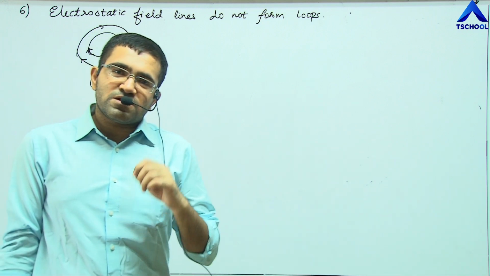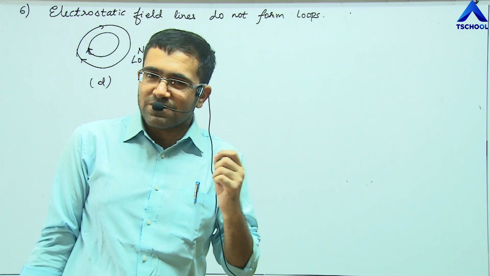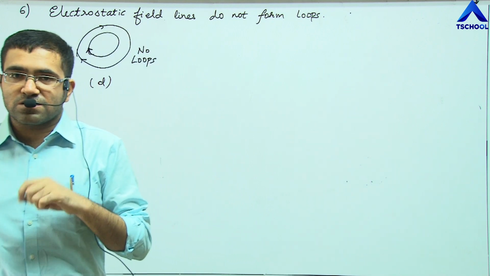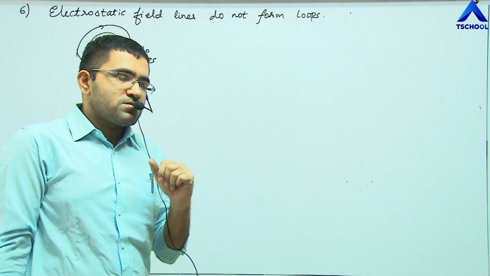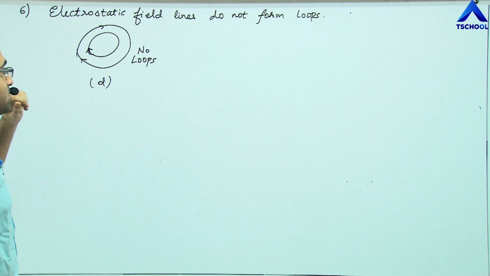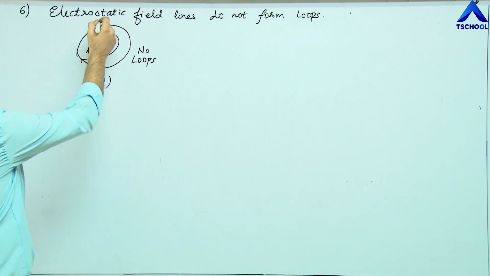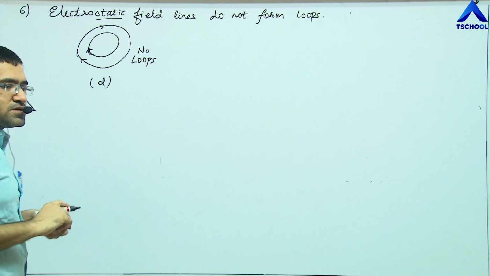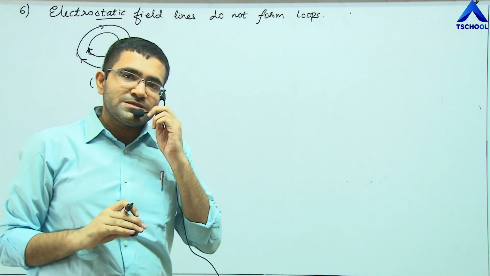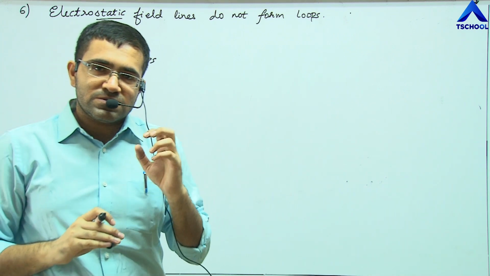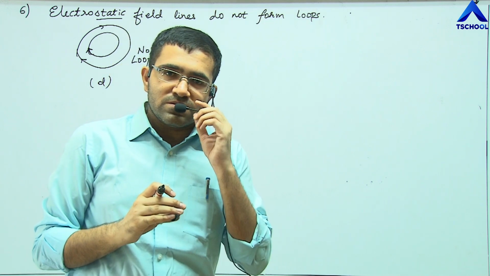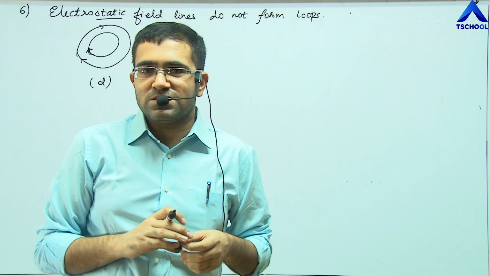You would have noted that so far I was just saying electric field lines and not electrostatic. The reason why I'm saying electrostatic here is that this refers to charges that remain stationary.